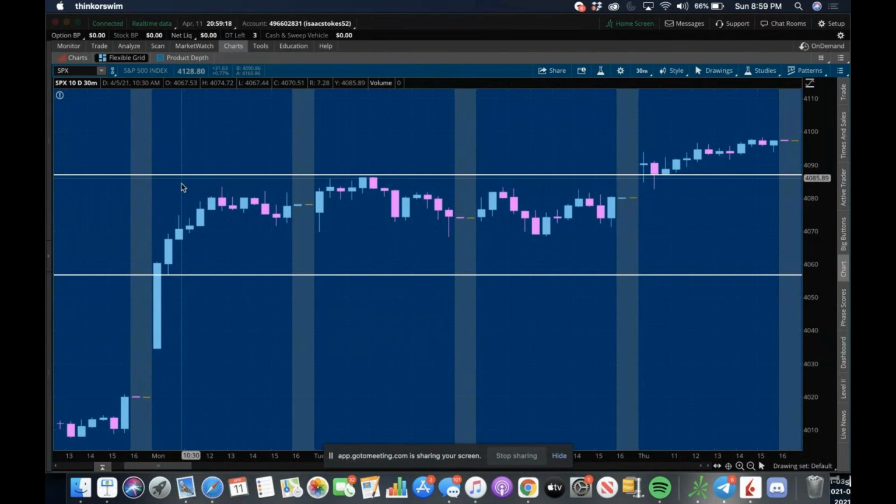And so when I see the market in chop like this, it is 100% better for me to just simply establish my breakout zones, avoid trading in the middle, right?